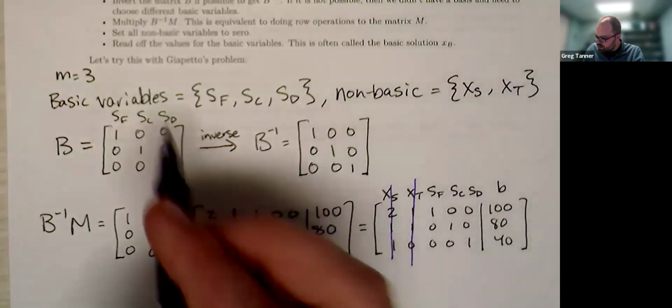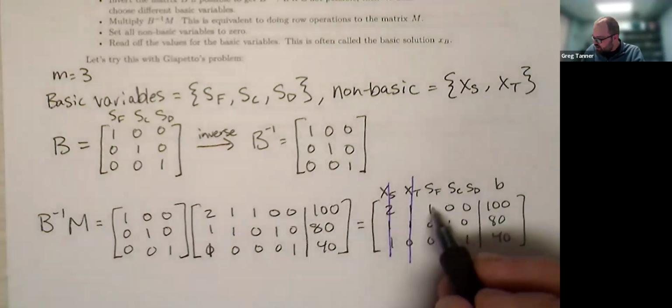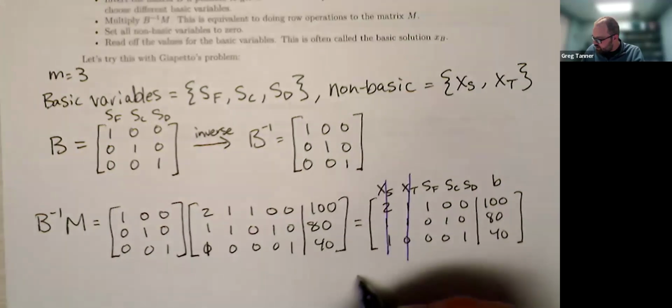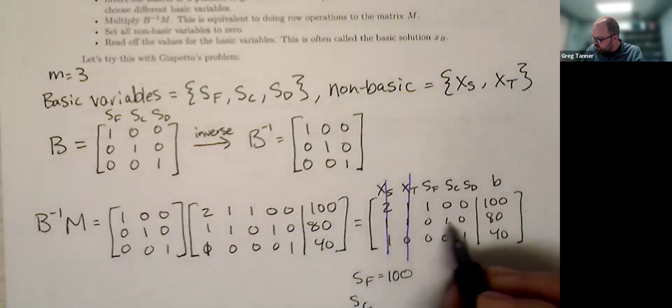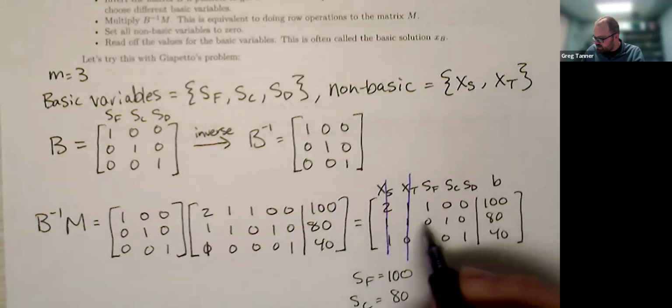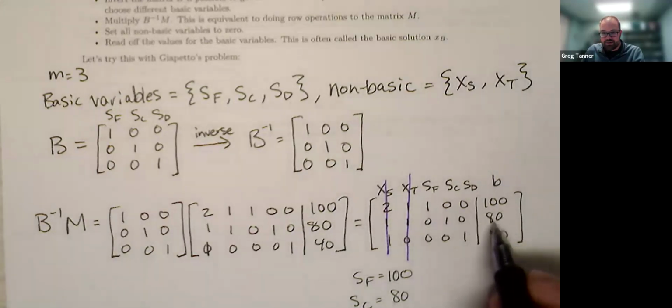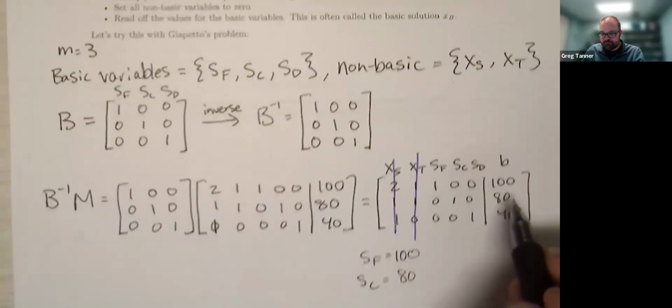And so we can read off the values for our basic variables, which there's a 1 here in the SF column in this row. And so SF equals 100. SC, which has the 1 here, equals 80, because that's essentially what this row is telling you: 0 SF plus 1 SC plus 0 SD equals 80.